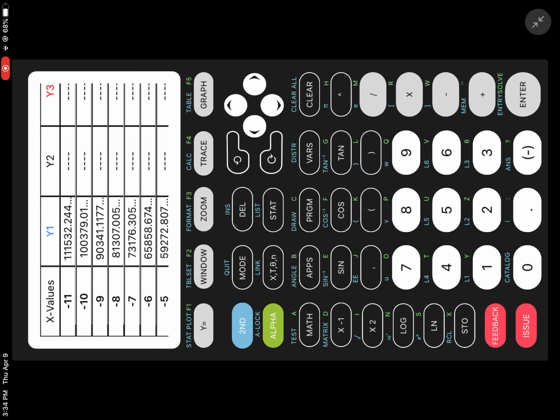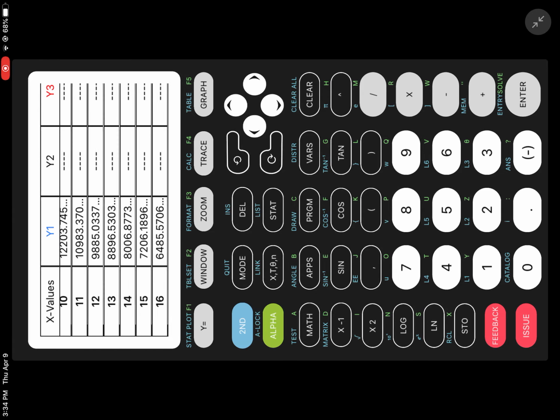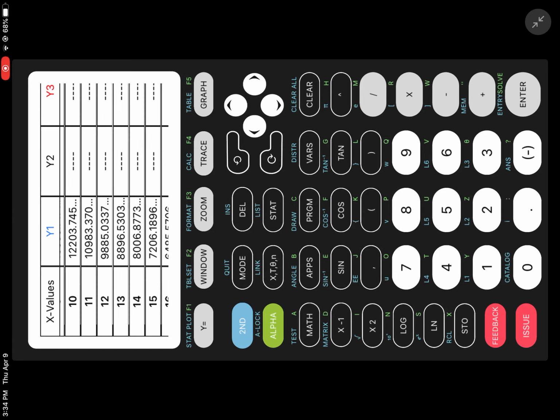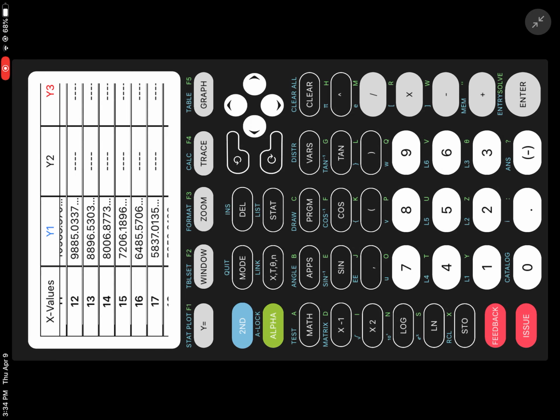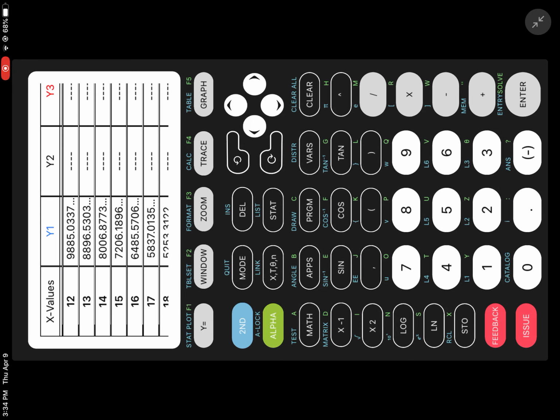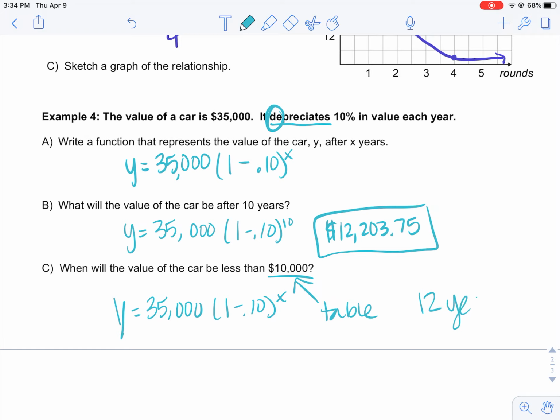So I'm going to scroll. Remember, for some reason, mine's glitchy. So I'm looking for where this is less than 10,000. At 11, it's at 10,900. I want less than 10,000. So that would be 12 years. Which makes sense because 10 years was kind of close right here. So after 12 years, it is less than 10,000.